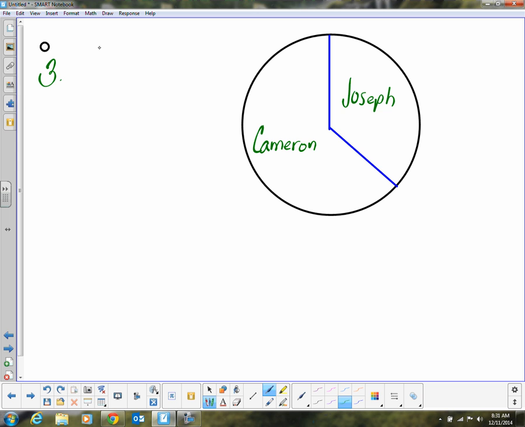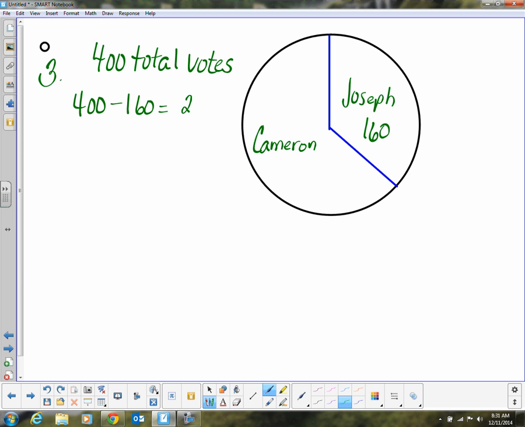Wait a minute. They told us that there were 400 total votes. That is important. They told us Joseph got 160. So what did Cameron get? How do you figure that out? It's going to be 240.